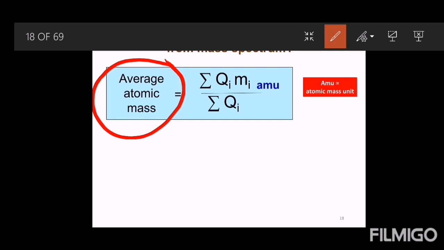Average atomic mass equal to the sum of Qi times Mi divided by the sum of Qi, or the total. The total of Qi times Mi divided by the total of Qi, and the unit is AMU, atomic mass unit.